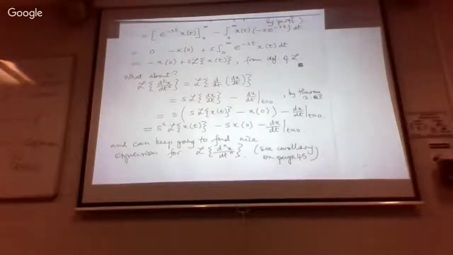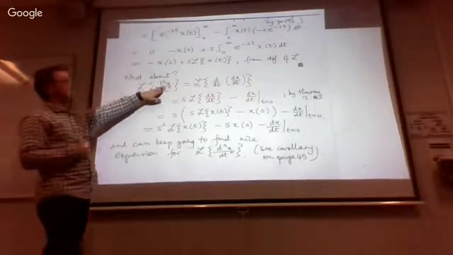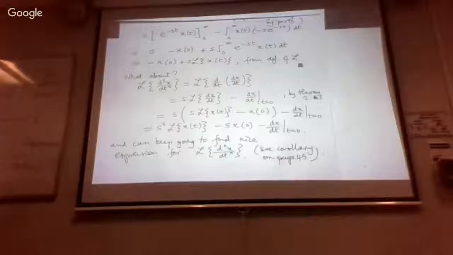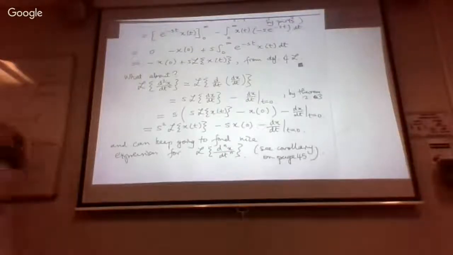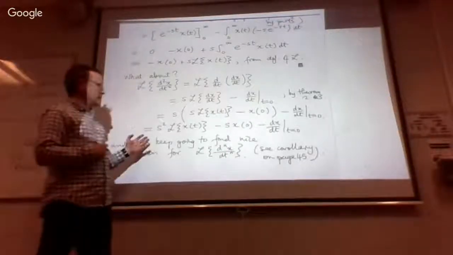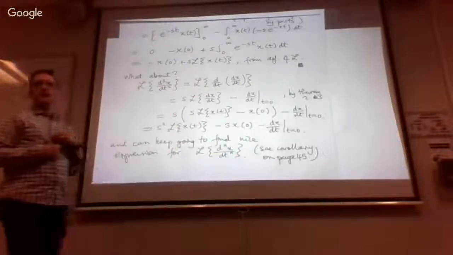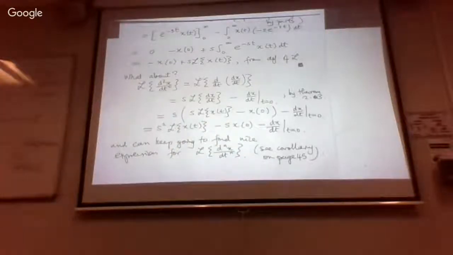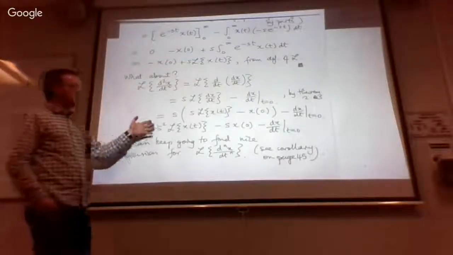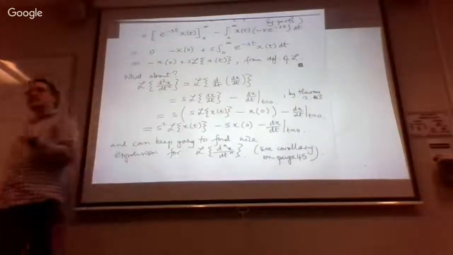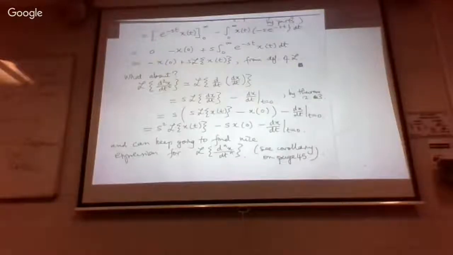And so that's the key step. This is the thing that allows us to make progress with working with the differential equation. Okay, that the transform of a derivative behaves in a nice, well understood way. So that's the thing we're going to see being applied. That's the thing that conceptually simplifies the differential equations and allows us to solve them.